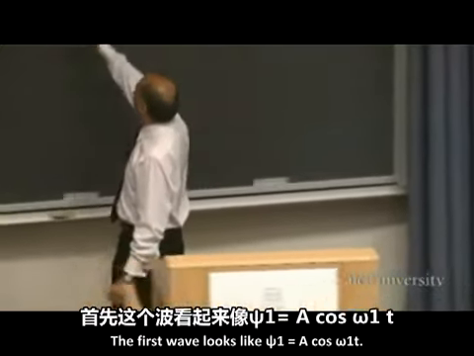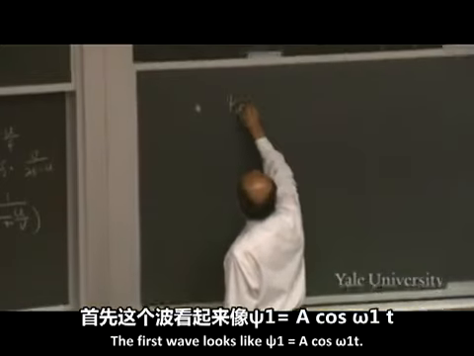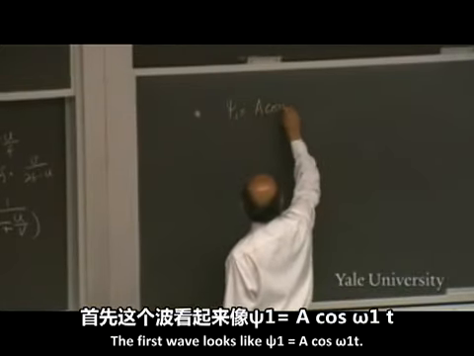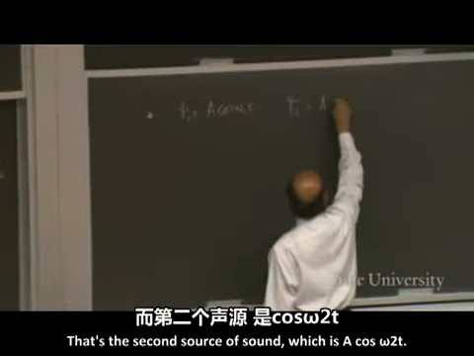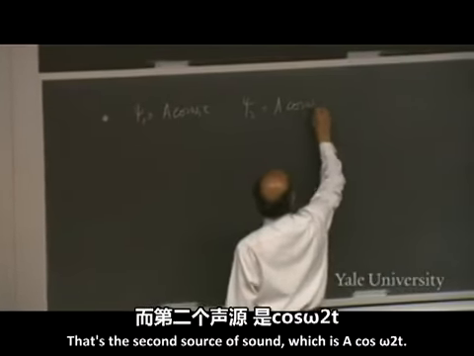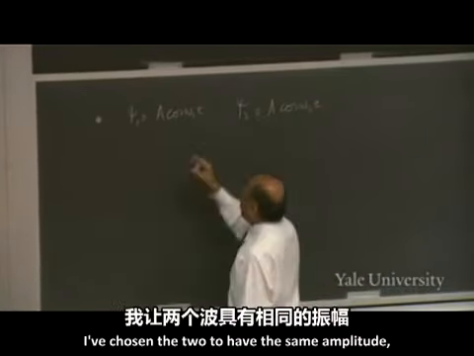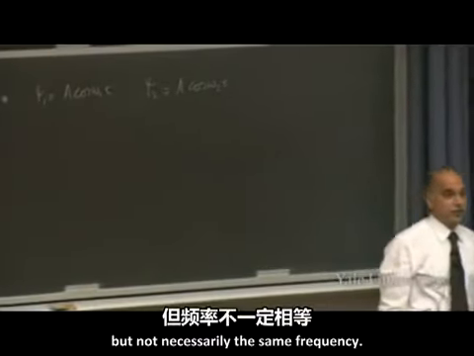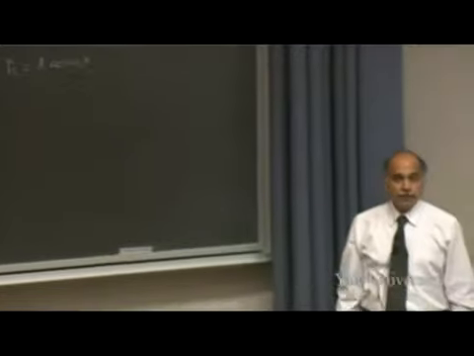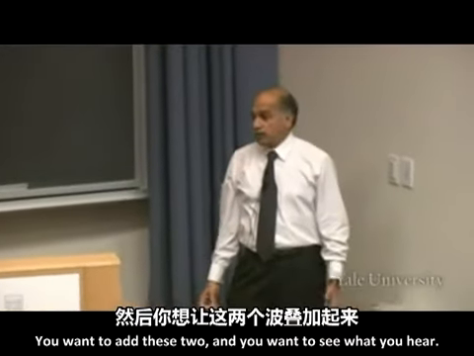The first wave looks like psi 1 equals a cos omega 1 t. That's the second source of sound, which is a cos omega 2 t. I've chosen the two to have the same amplitude, but not necessarily the same frequency.